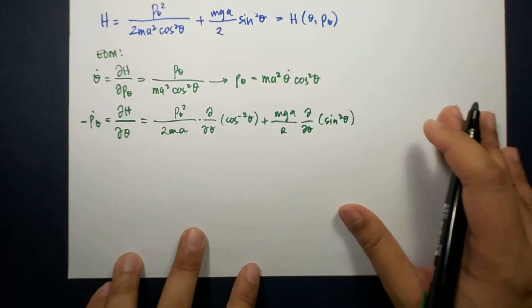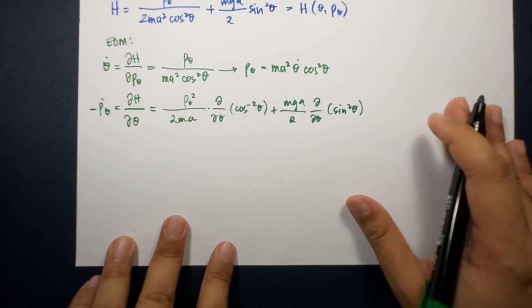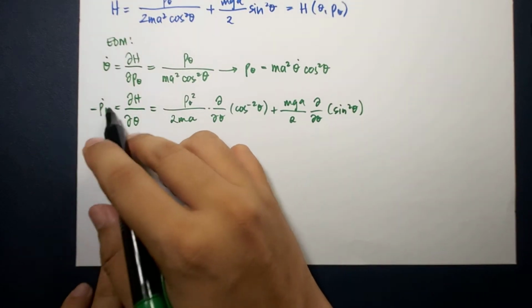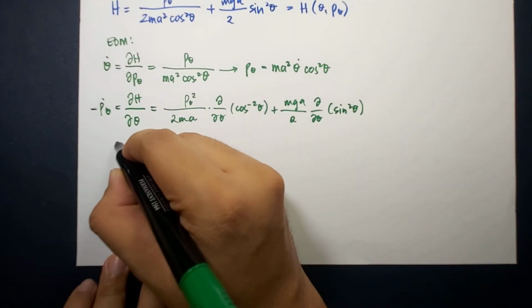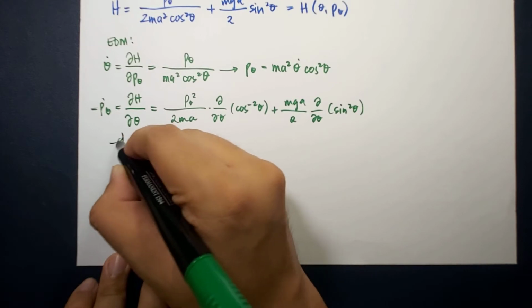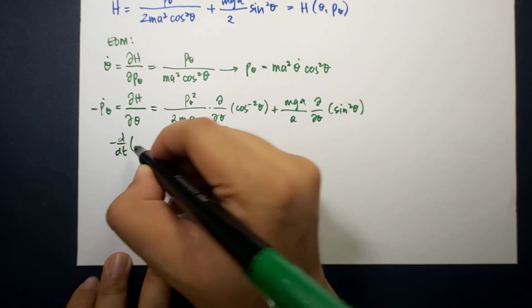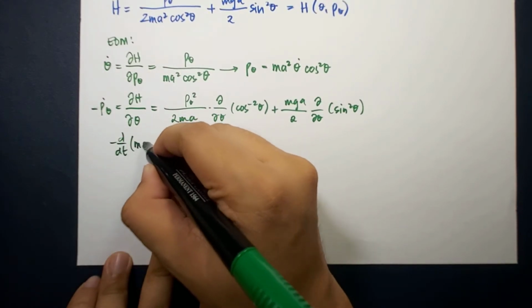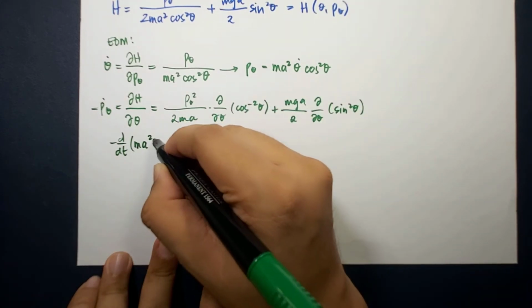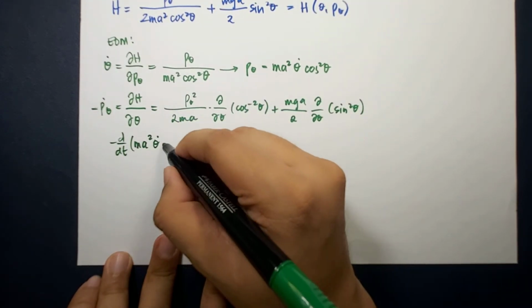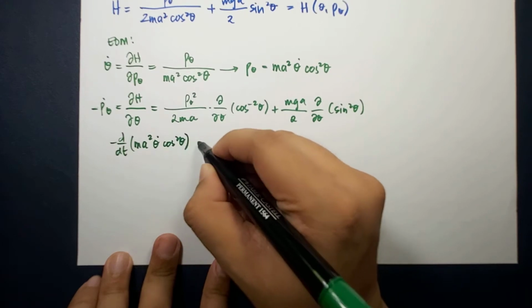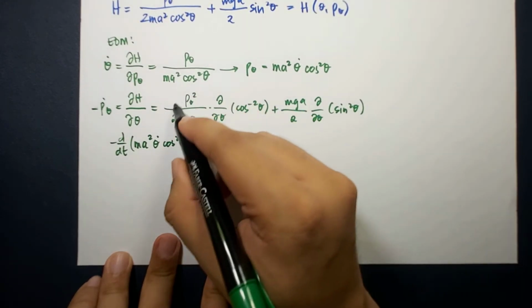Okay, so this is equal to negative total derivative with respect to time of ma squared theta dot cosine squared theta, and this is equal to this plus this.